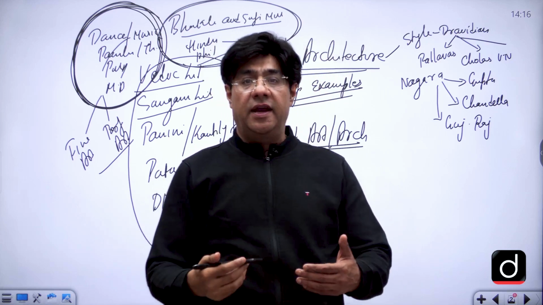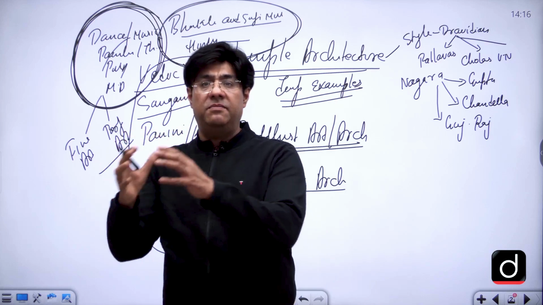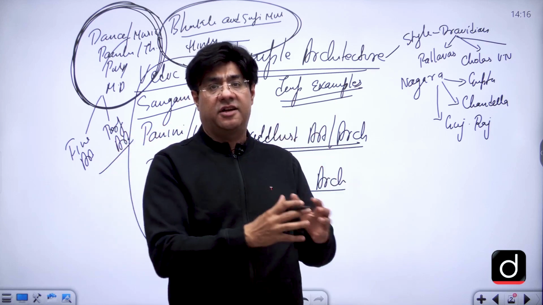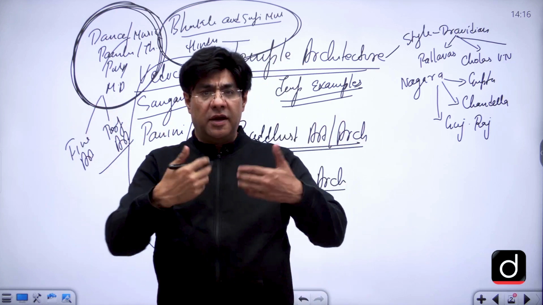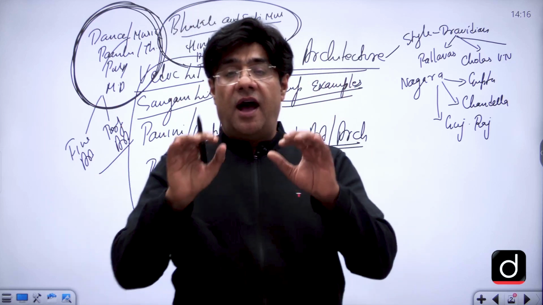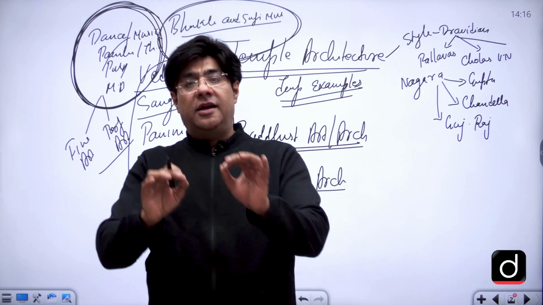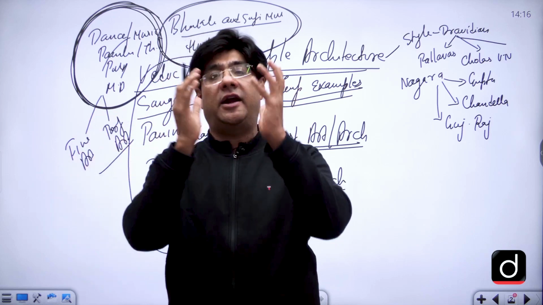Now in this way, you divide the whole theme of ancient, medieval art, culture, literature, including modern, because when we do fine art and performing art, we will come to the folk art forms also. So modern is also included. I guarantee that inside the examination hall, you will not have that surprise factor.